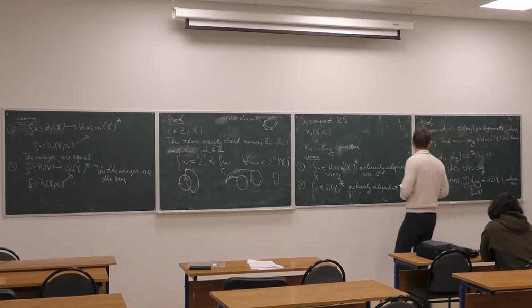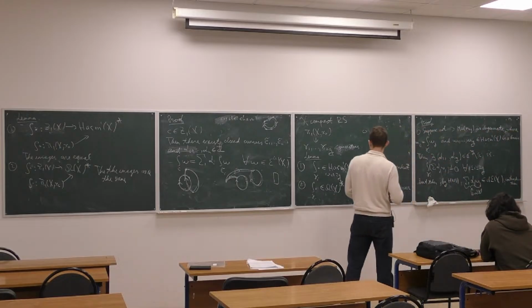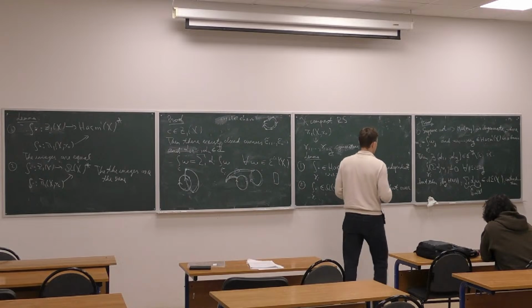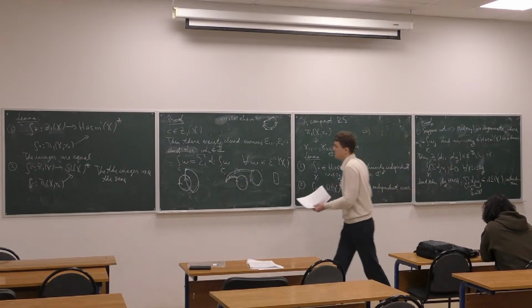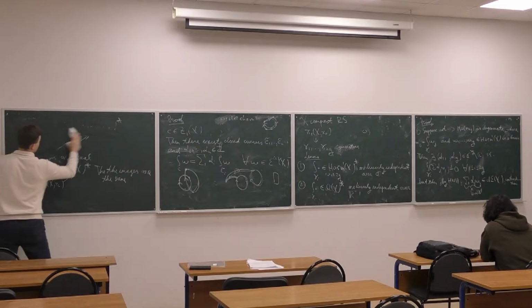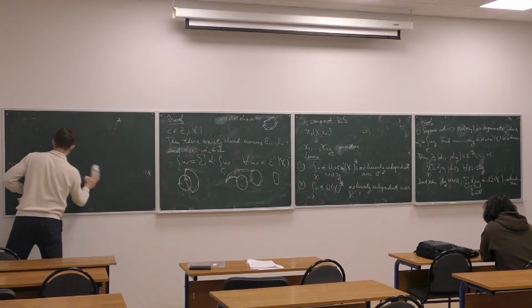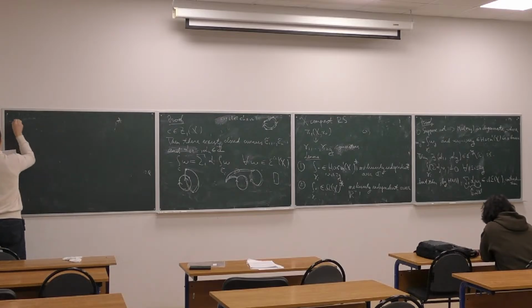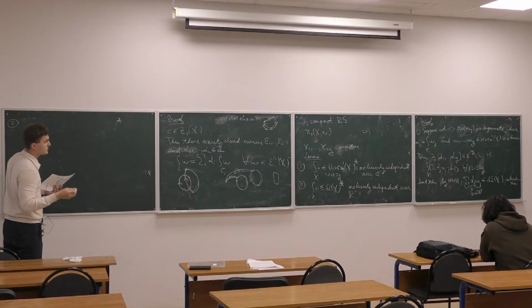So this means that these guys are linearly independent over C. And then the second part is an immediate consequence of the first part. Again, by contradiction, suppose not.